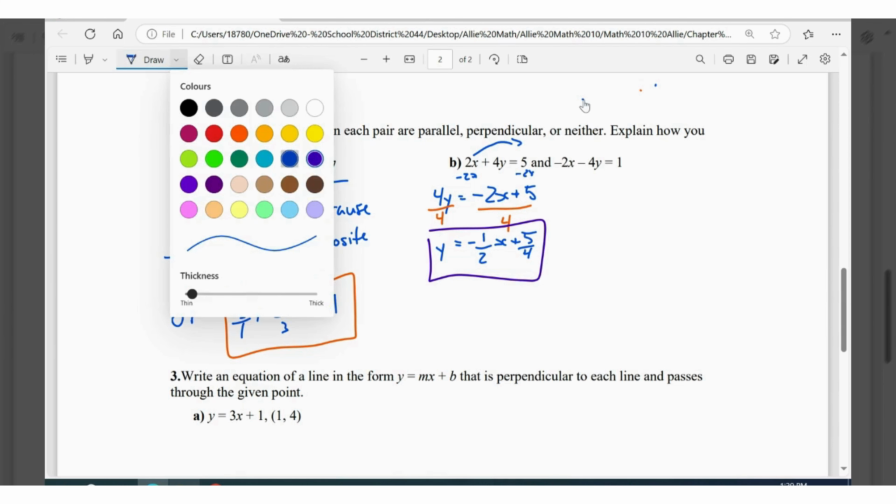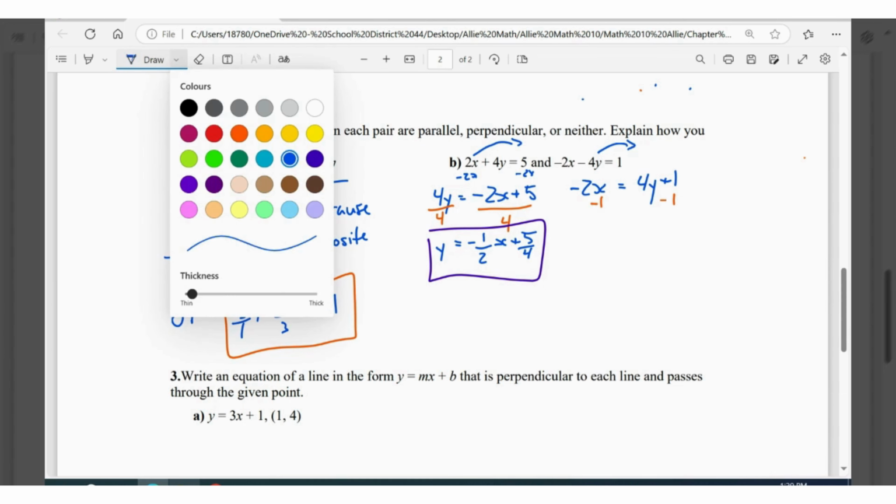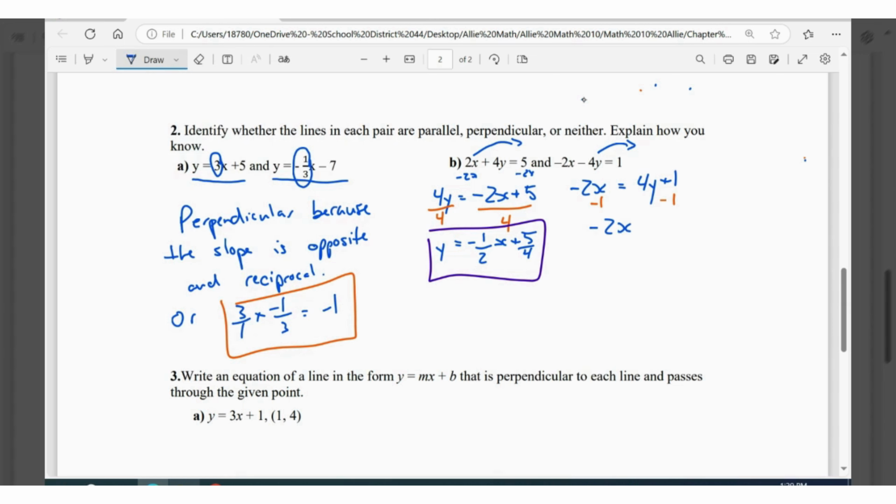And now let's convert our second one. Let's move our y over so that it's positive. So we got -2x equals 4y plus 1. Let's subtract 1 from each side. -2x minus 1 equals 4y. And now we want the y by itself, so let's divide by 4.